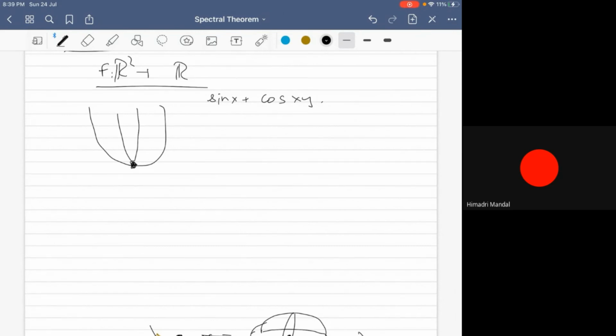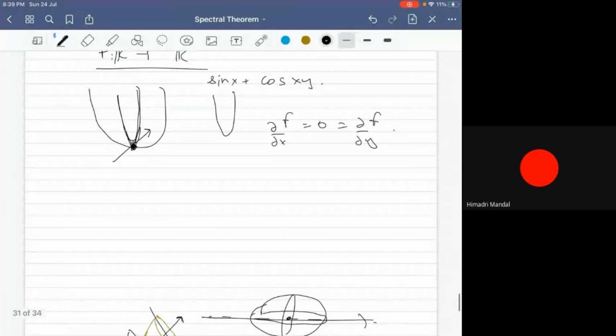The way to do that would be to find something called the critical point, which would mean that in one direction the derivative of the function is 0, and in the other direction also 0. But there can be many such cases, this can be a global maxima instead of a minima, and this could be something like a saddle.